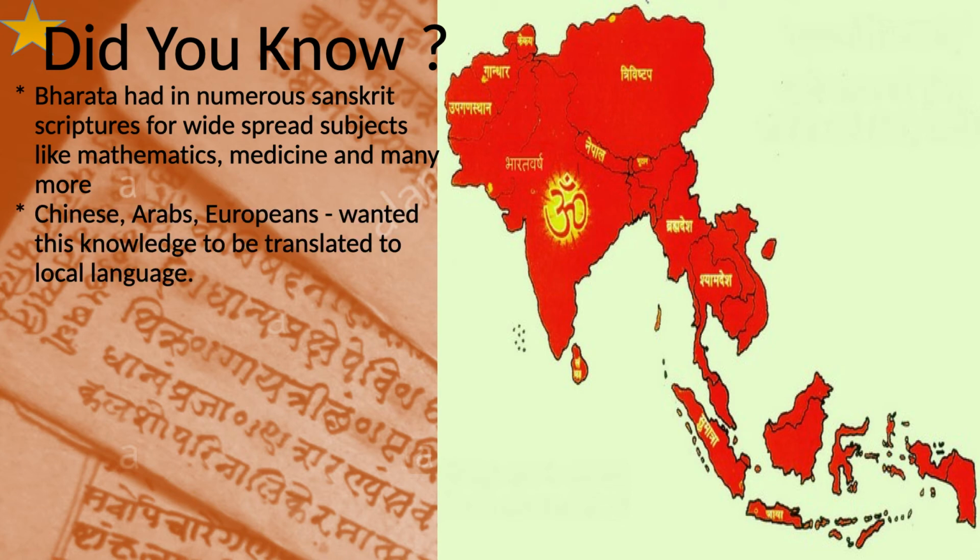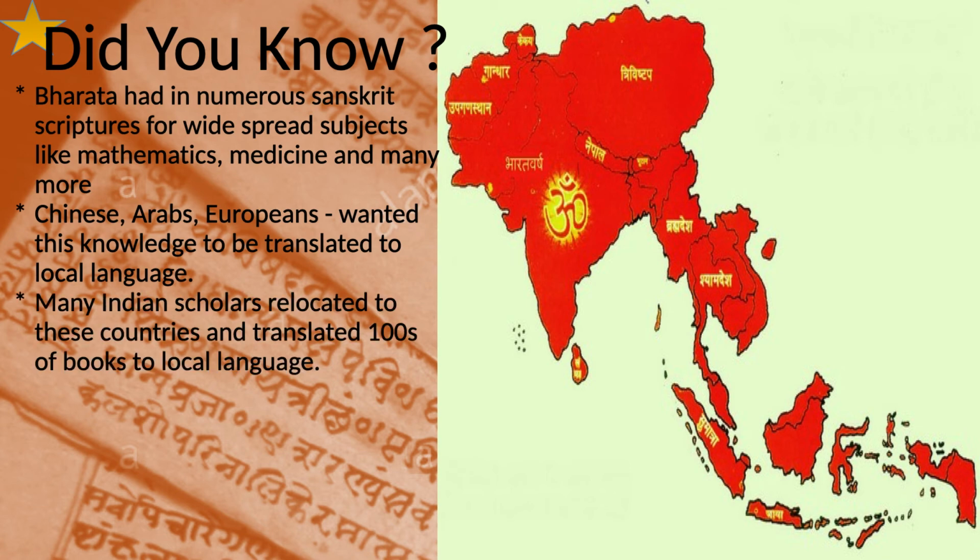The neighboring countries, China, Arabs, Europeans, all wanted to learn this knowledge and wanted it translated to their local language. Just the way you see today people going to the US, UK, Germany for higher studies, people from these countries were flocking to India for higher studies.